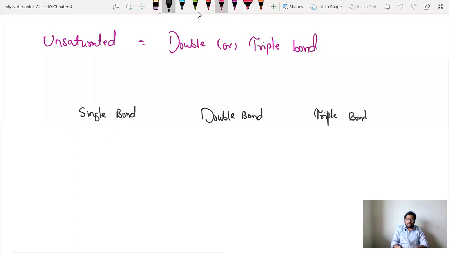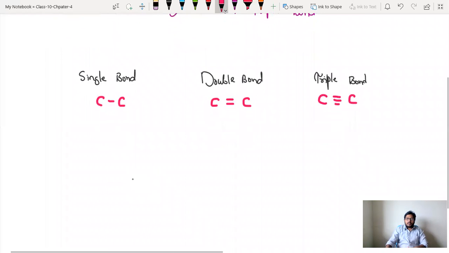So single bond means between carbon there will be one line. Double bond, between carbon there will be two lines, means two bonds. Between carbon, three. Now single bond, we will try to understand in next lecture regarding that chain homologous series.